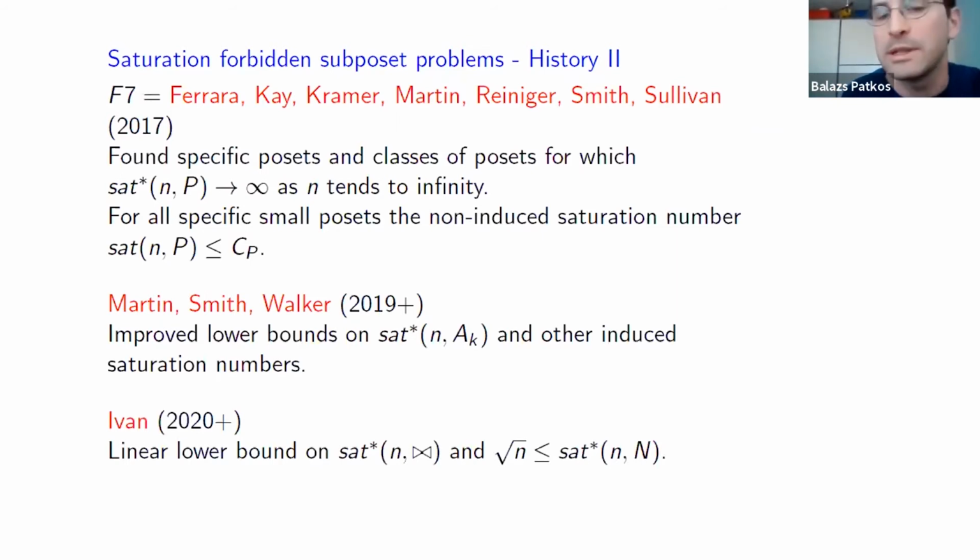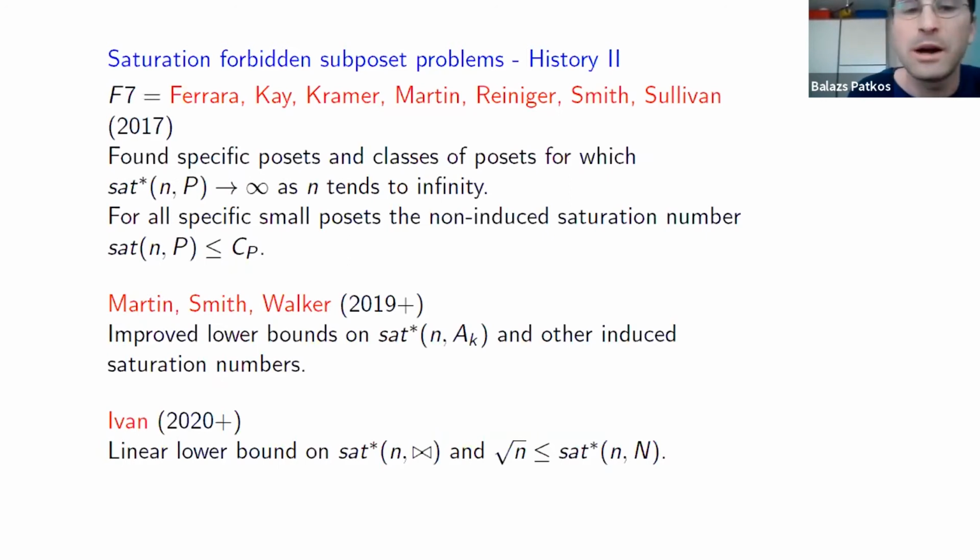Some of them noticed that if we consider the corresponding non-induced one, then everything is trivial. It was just a side remark in their paper. They all considered the induced version, and they found lower bounds that grow together with n. In all their examples, the size of the ground set did matter.